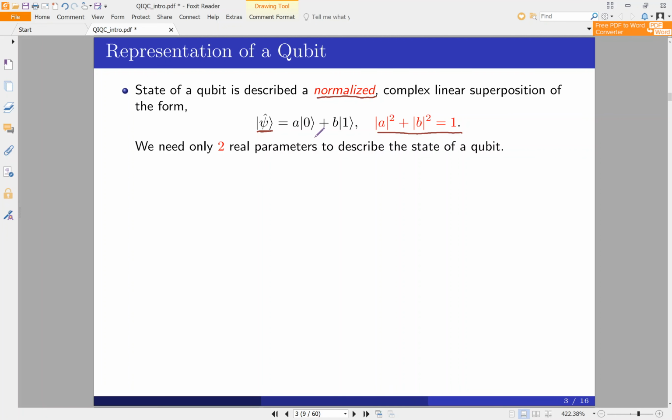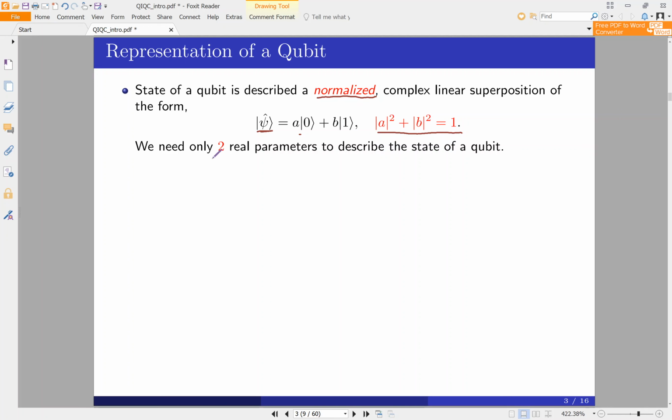Recall that the norm of this state is mod A squared plus mod B squared, and I always set it to 1, right? So now the question is, how many real parameters do we need to describe an arbitrary qubit state? Well, we need 2 complex coefficients, right? And 2 complex coefficients would imply 4 real parameters.